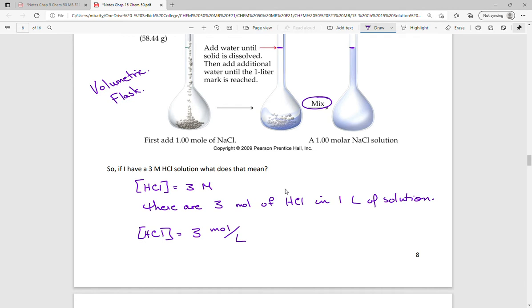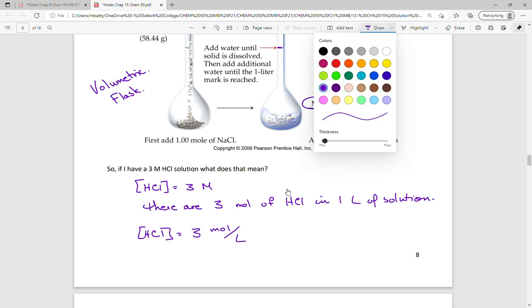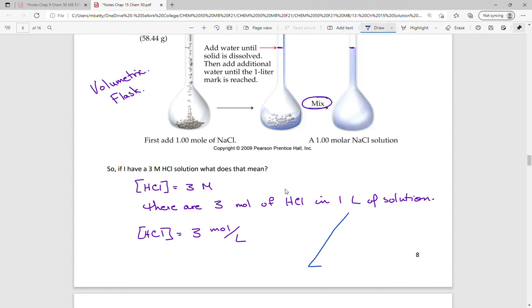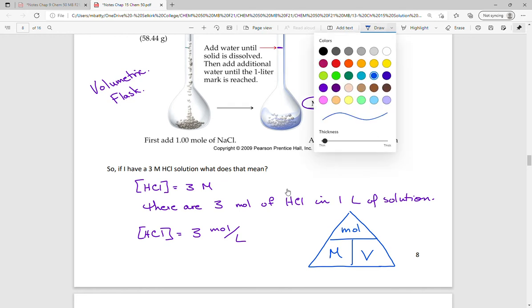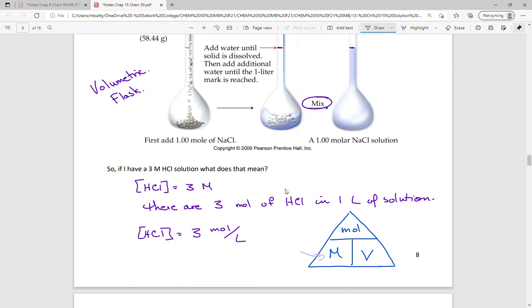The standard way of calculating this and dealing with it is kind of back to like the density triangle. So we have a triangle, and you have this in your formula sheets, that molarity is number of moles divided by the volume of the liquid. Molarity and concentration are interchangeable words.